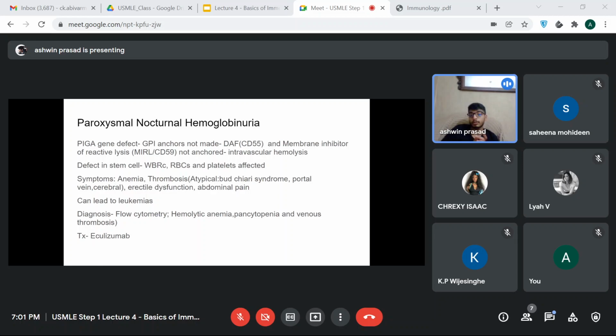So if you inhibit the formation of MAC, you inhibit complement causing hemolysis. So the RBCs and the platelets are not affected, and all the devastating effects of PNH can be avoided. So the treatment for this is eculizumab, a human-made antibody against complement factor 5.